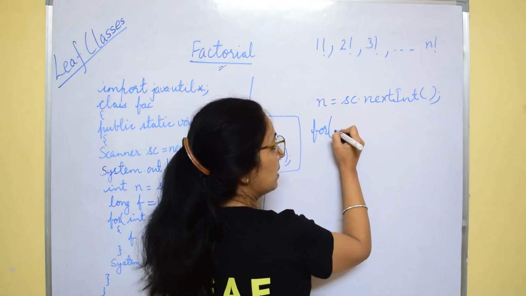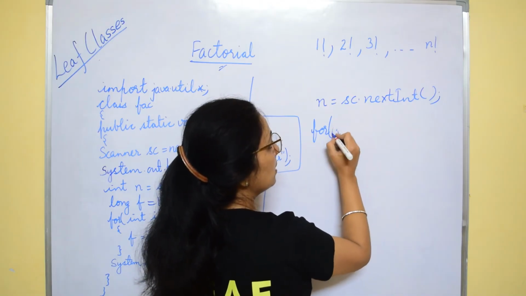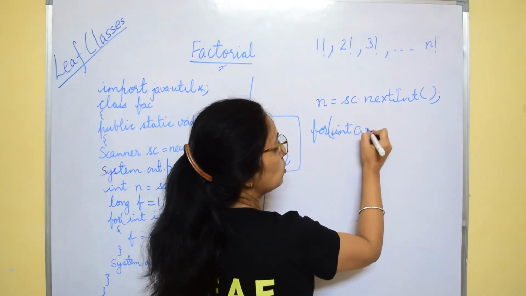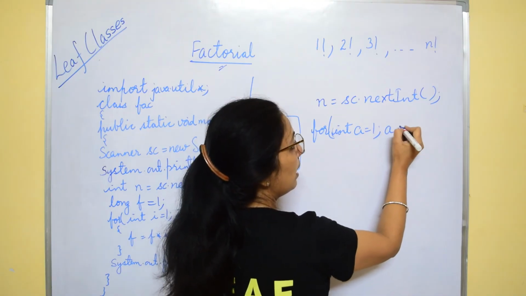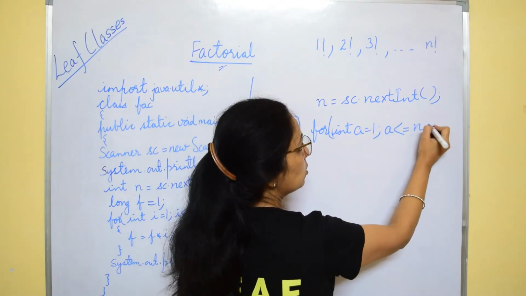Then you take a variable int a equals to 1, a is less than equals to n.